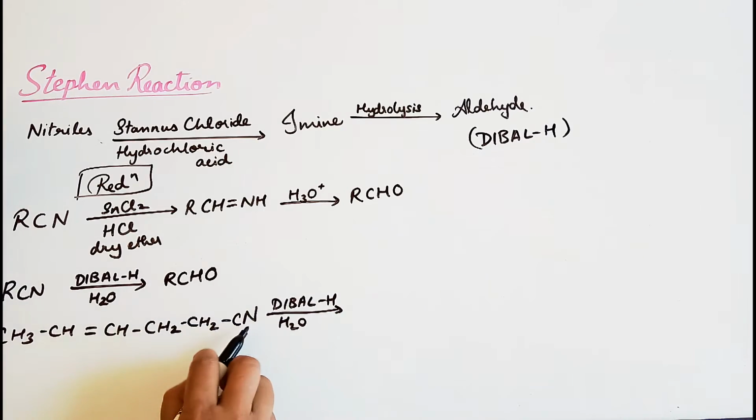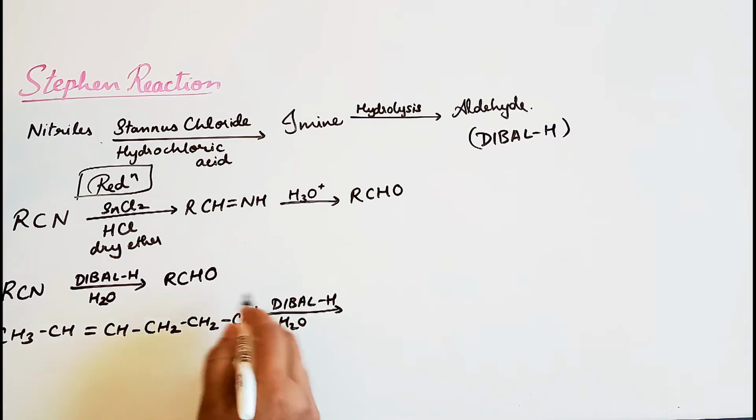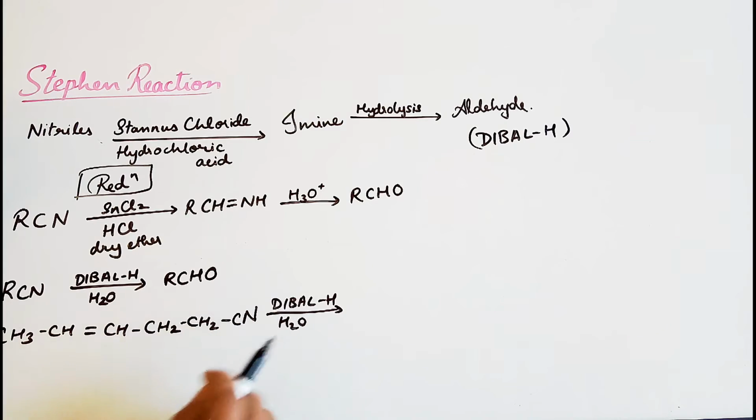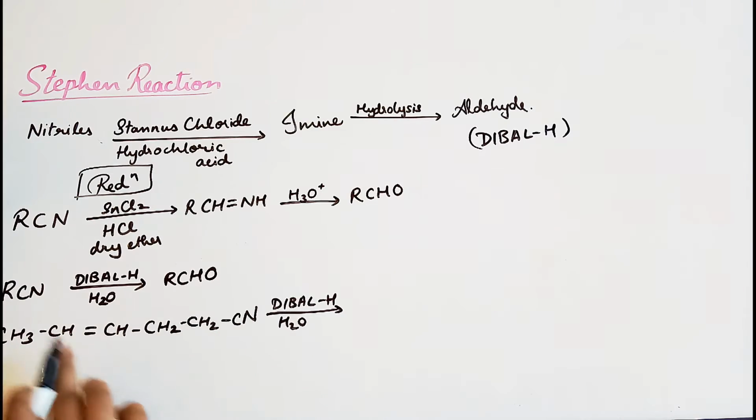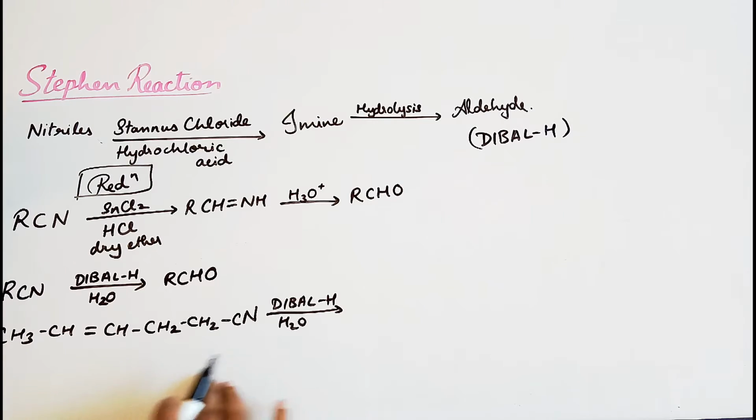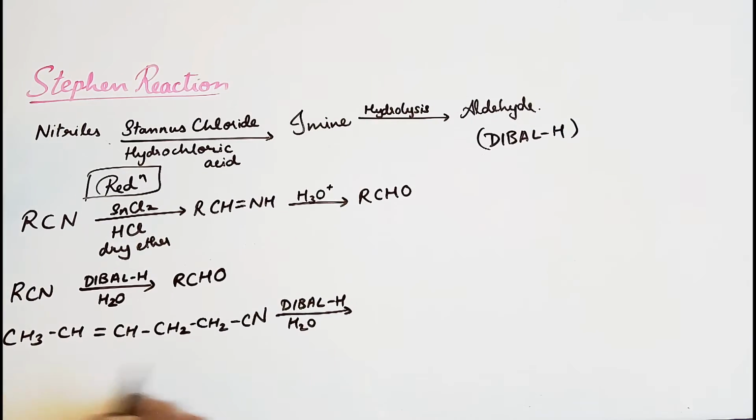It will selectively reduce only the CN group, the nitrile group, for us to get an aldehyde. So the double bond stays the same. Generally, if you use a very strong reducing agent, the double bond might also get affected. So we are using DIBAL, which will not affect this particular double bond.